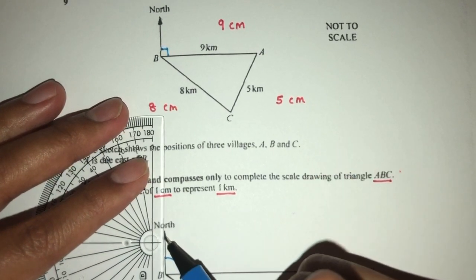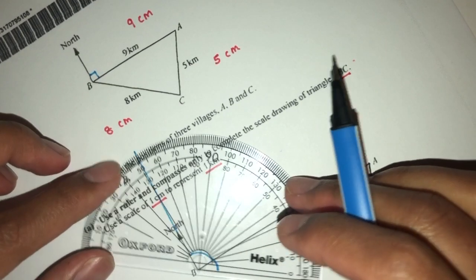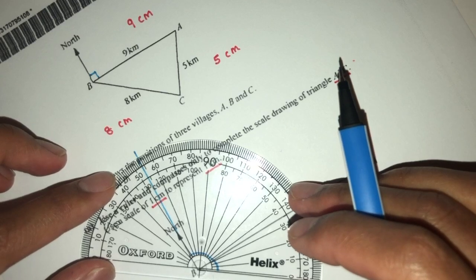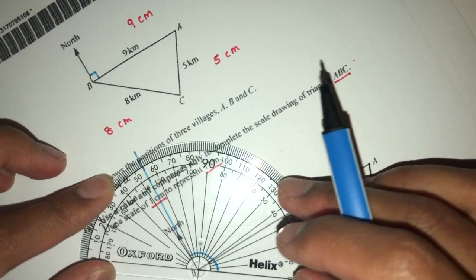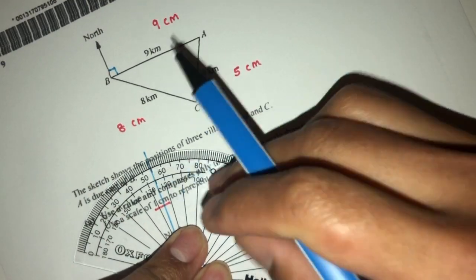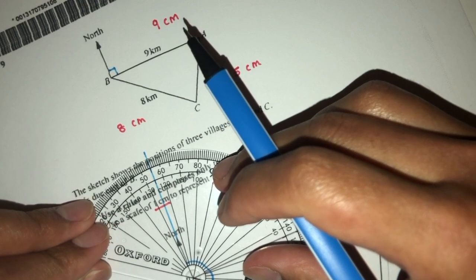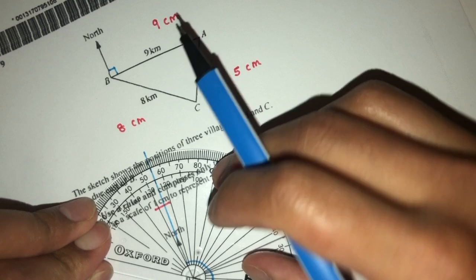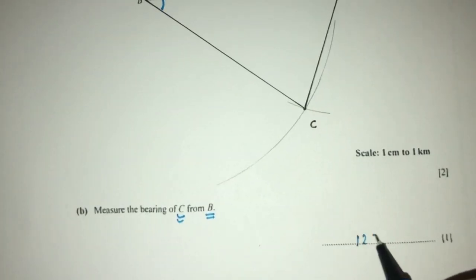The north line. I can see where it cuts my reading. That will be my center right here. According to this, it shows about 120. For me, it shows about 125. That is my reading. It shows 125 for the value of the bearing.